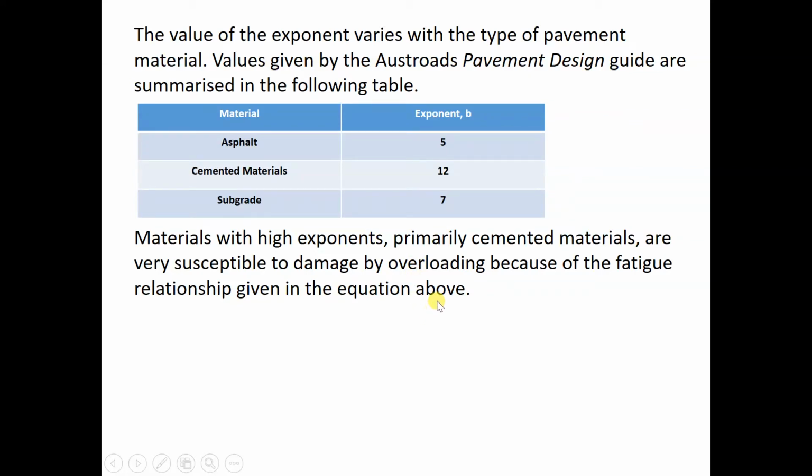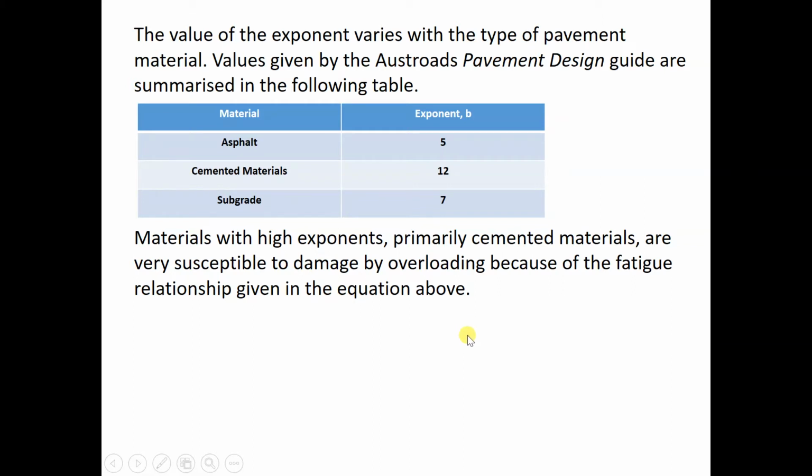There will be cracking in the cemented material. But even after cracking, it still has some usable resistance to the loading, so it's not considered total failure. It just reduces the allowable loading.